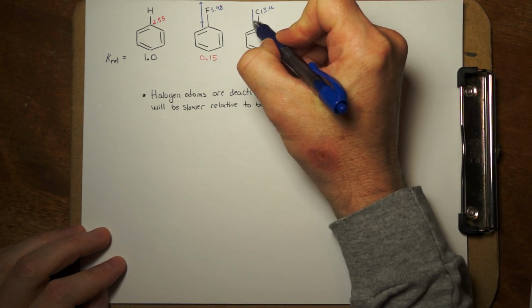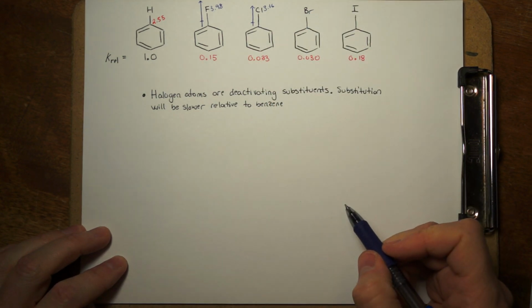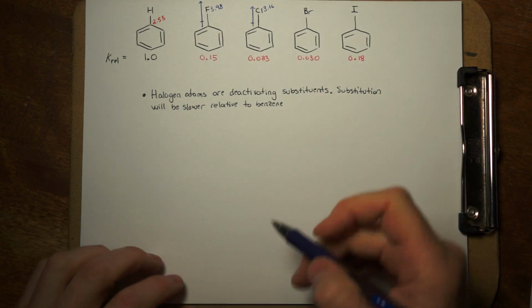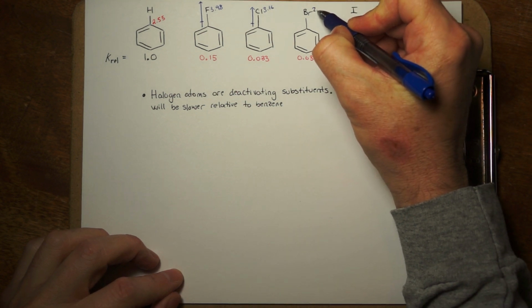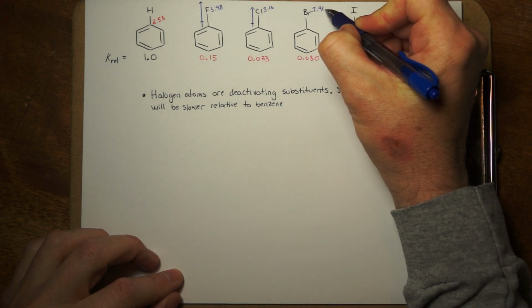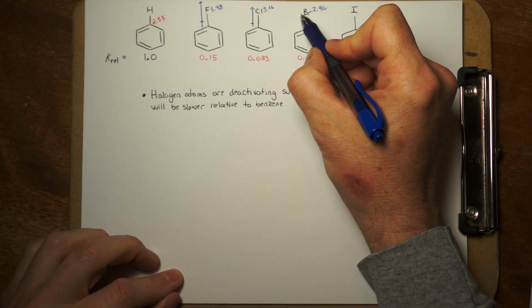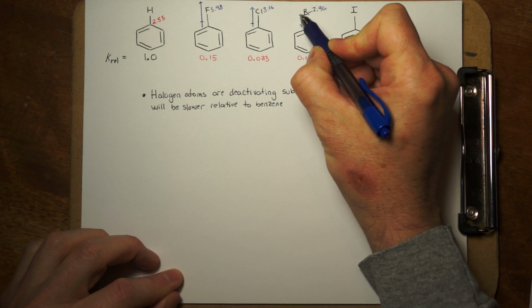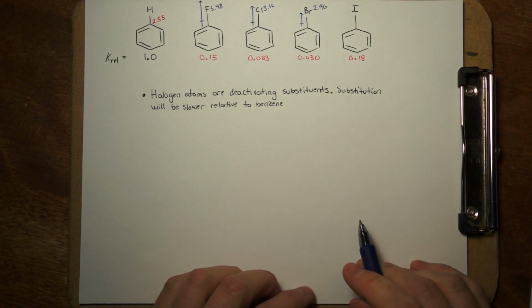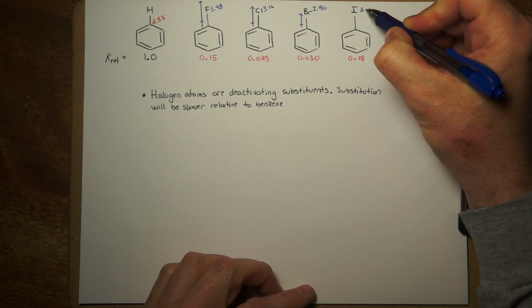Nonetheless, it still is going to polarize that bond significantly towards chlorine, right? As we get up to the bigger bromine atom, now we're dropping down into the twos. Bromine has an electronegativity of 2.96, so still more electronegative than carbon, but you can see that we're losing that pull on those carbon electrons. And finally, iodine has an electronegativity of 2.66.